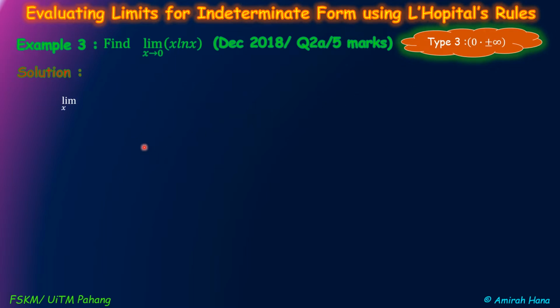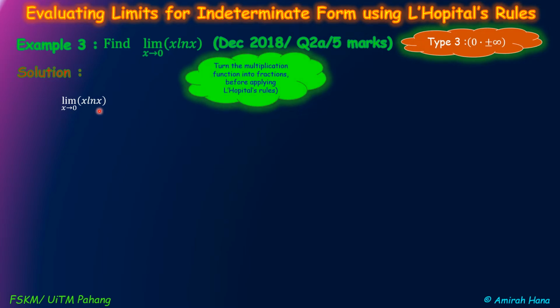Now, the given function is in terms of multiplication. When we use L'Hopital rule, we need to write it into the form of either 0 over 0, which is a fraction, or infinity over infinity, which is also a fraction.